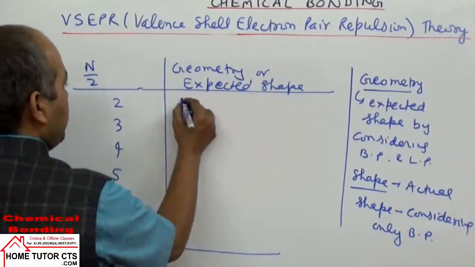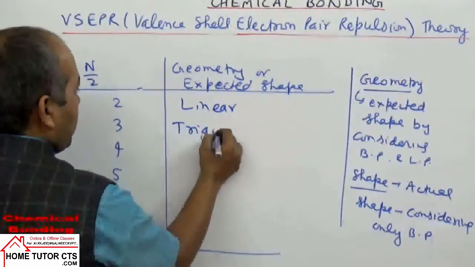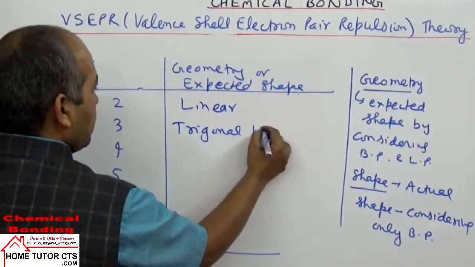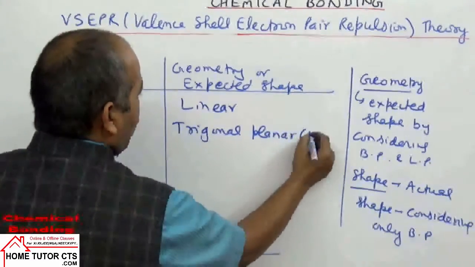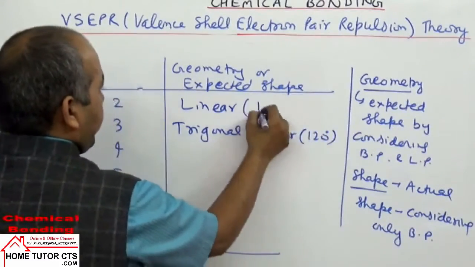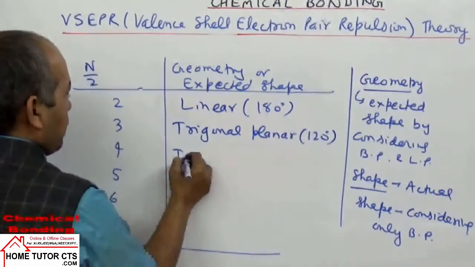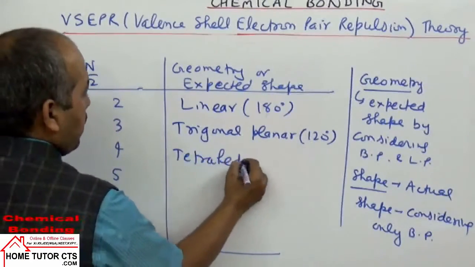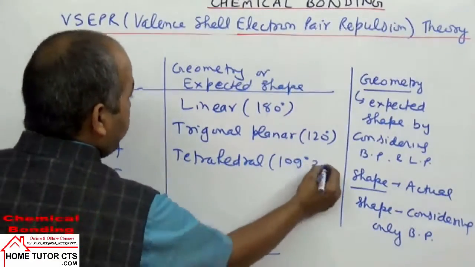When we have 2, it is linear. For 3, we have trigonal planar, with an angle of 120 degrees each. For 2, the angle is 180 degrees. For 4, it is tetrahedral, with an angle of 109 degrees 28 minutes.